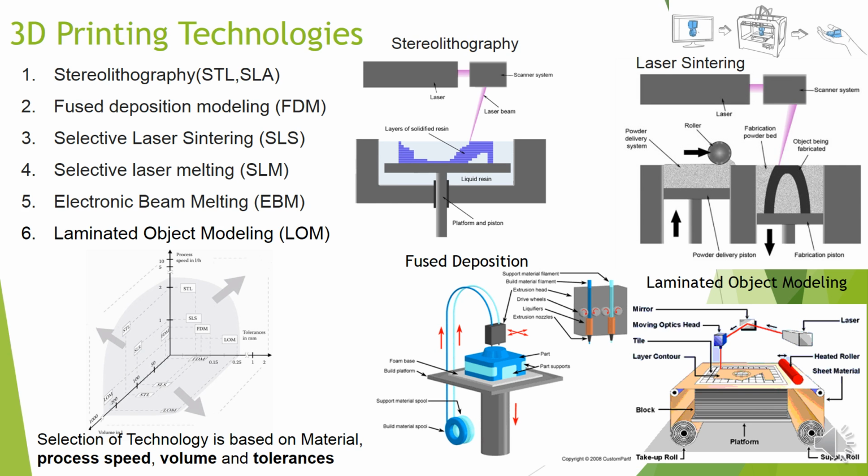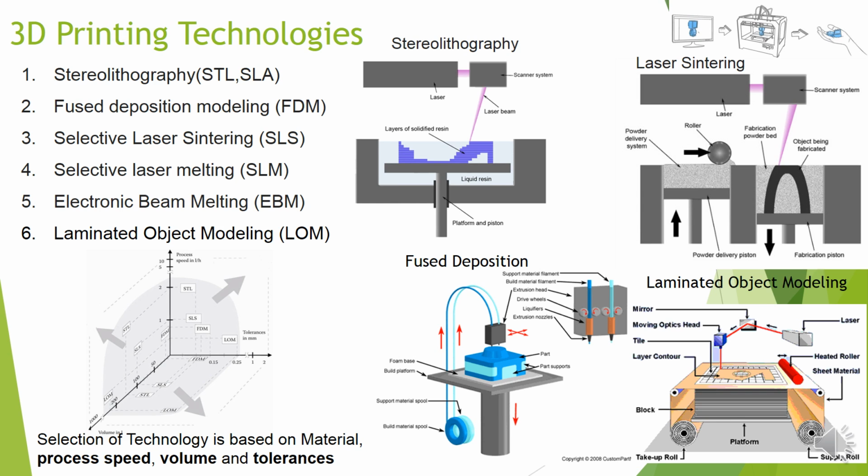Stereolithography technology uses a liquid resin and an ultraviolet laser. For each layer, the laser beam traces a cross section of the part pattern on the surface of the liquid resin. Laser sintering uses high power lasers to fuse small particles of plastic, metal, ceramic, or glass powders into a desired shape.